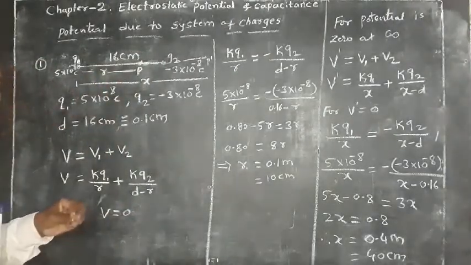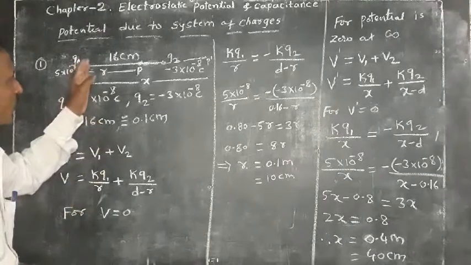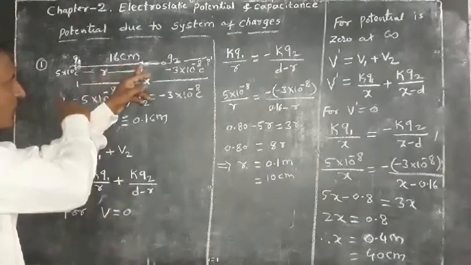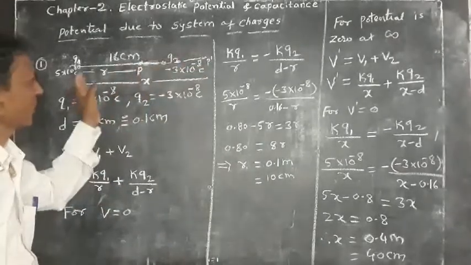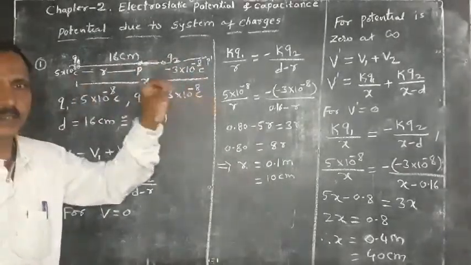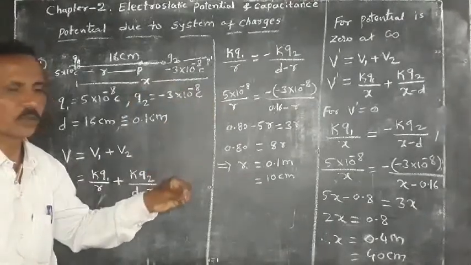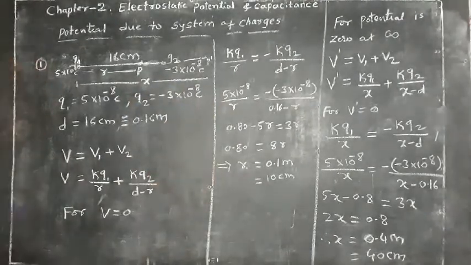That means potential may be 0 at 10 centimeter from Q1 or 40 centimeter from Q1 if potential at infinity is equal to 0. Clear? And another problem we shall solve.